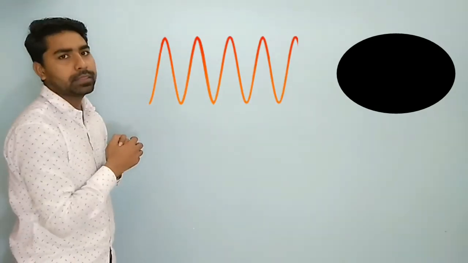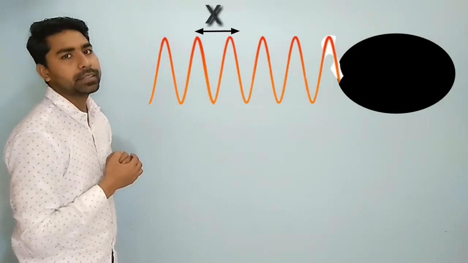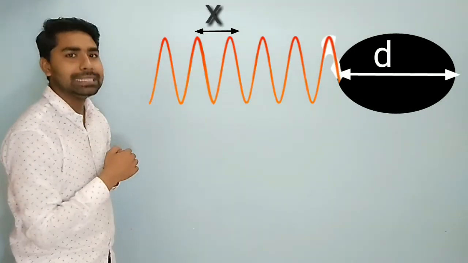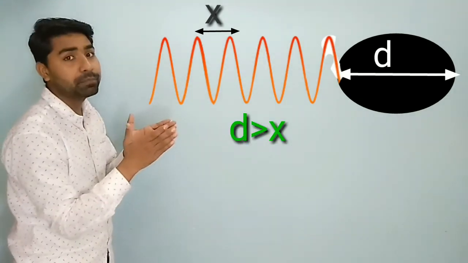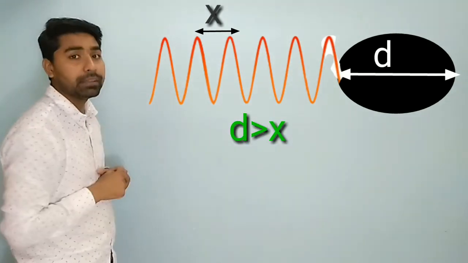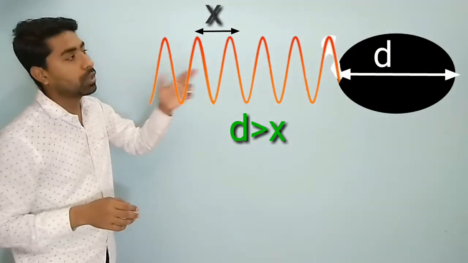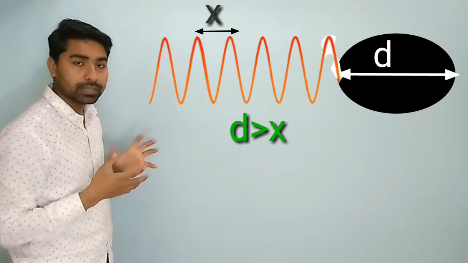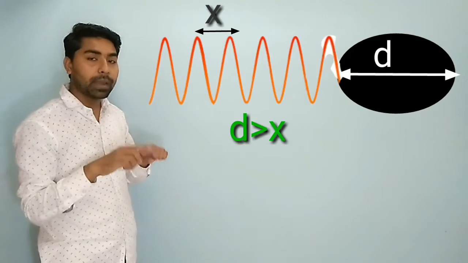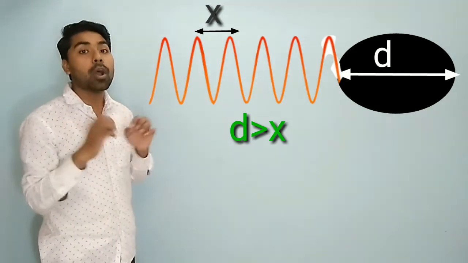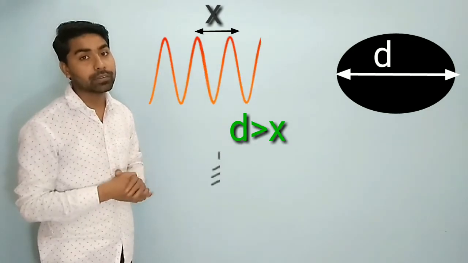Suppose the wavelength of light is x, and the diameter of the particle is d. If d is greater than x, meaning the diameter of the particle is greater than the wavelength of light, then the light will be absorbed by the particle, and the particle will re-emit the light in all possible directions. This is actually scattering.